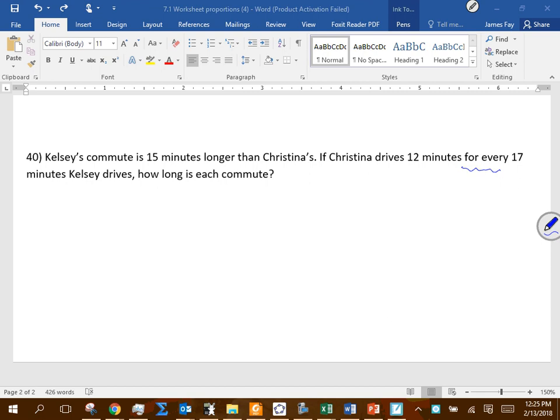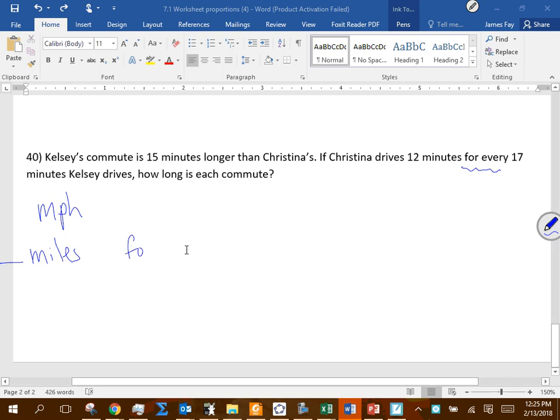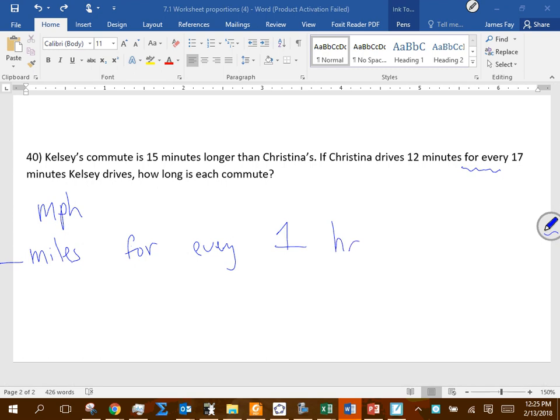You're maybe more familiar with miles per hour, which is another way of writing miles for every 1 hour. The word per tells you ratio again, right?